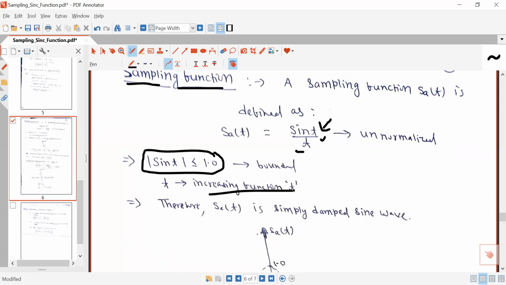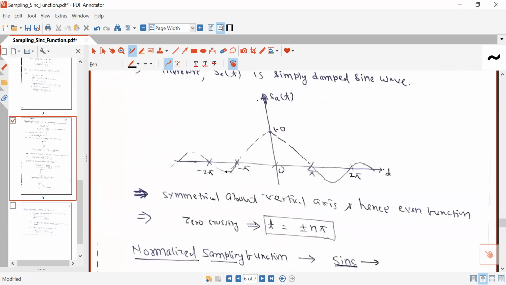When you draw a plot of sin t by t, a bounded function over an increasing function, you will get a bounded sine wave like this. And this is a characteristic of the sampling function.